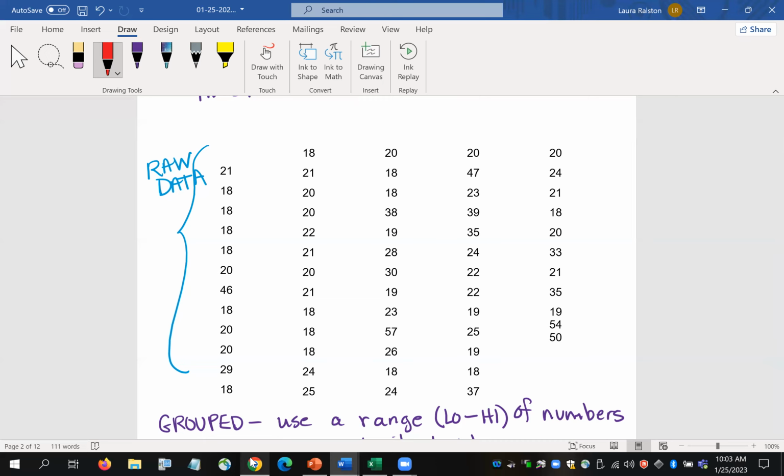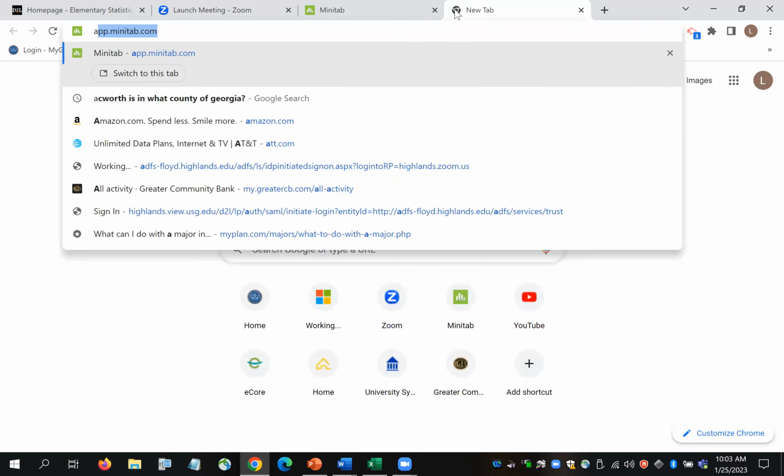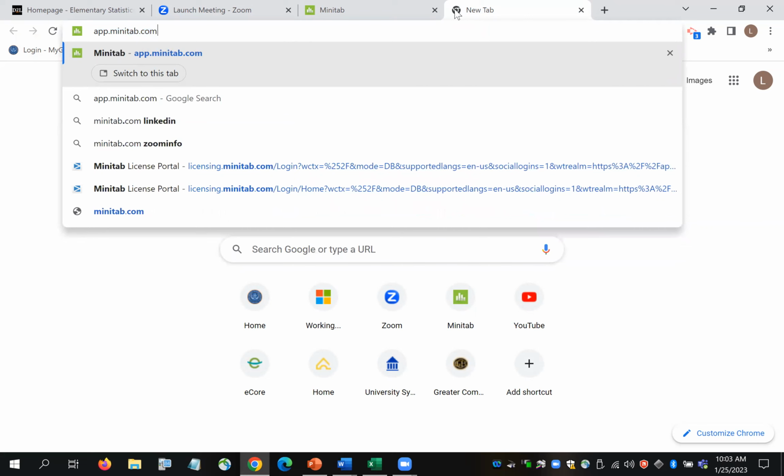Okay, so I opened up Minitab. Let me remind you how to get there: app.minitab.com. Now I'm already logged in, but normally when you hit enter, it's going to ask you to log in. You must use your Georgia Highlands email address and then the corresponding password, and it does go through Duo security. I showed you that last class.